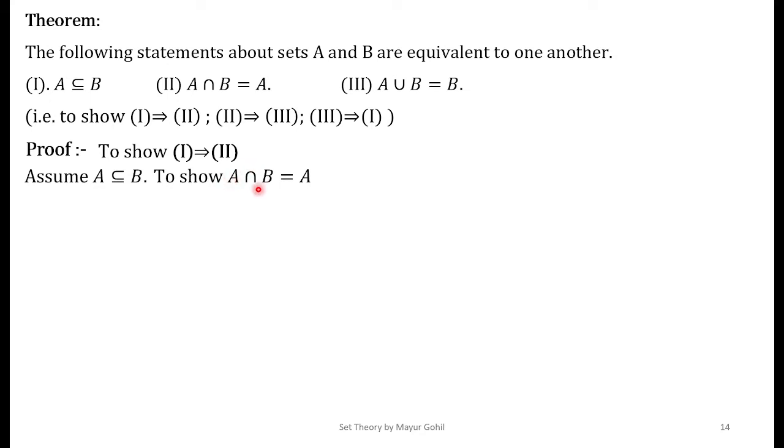So here A intersection B is equal to set A. What I have to prove is that A intersection B is a subset of A and A is a subset of A intersection B. Now remember a very important thing: whenever such a case arises in front of you, either of the two approaches, showing A intersection B is a subset of A, or showing A is a subset of A intersection B, one of the two is easier, or evident.